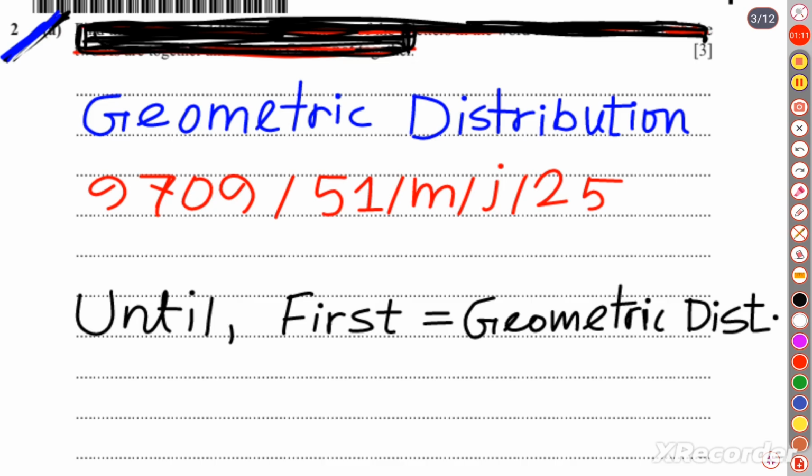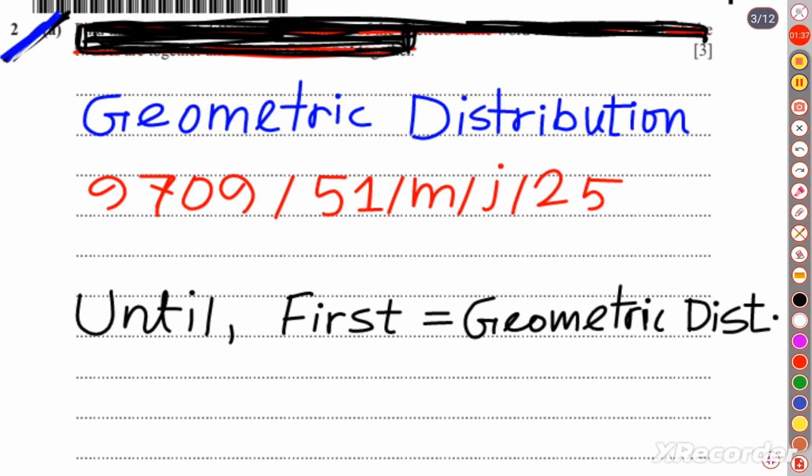That means the experiment keeps on going until we obtain the desired outcome. So the number of trials is uncertain, but the individual probability for every trial or every experiment is fixed.